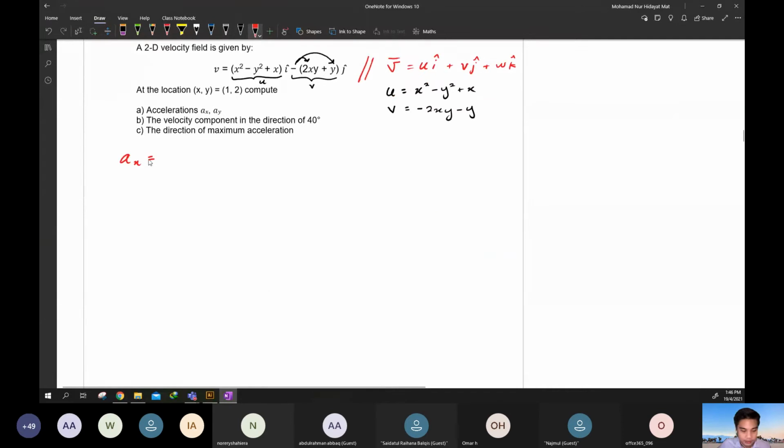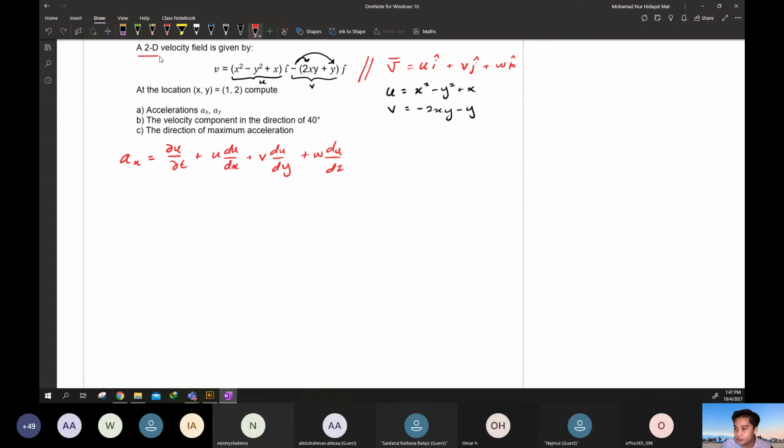The formula is the partial derivative of u over the partial derivative of time plus u du over dx plus v du over dy plus w du over dz.